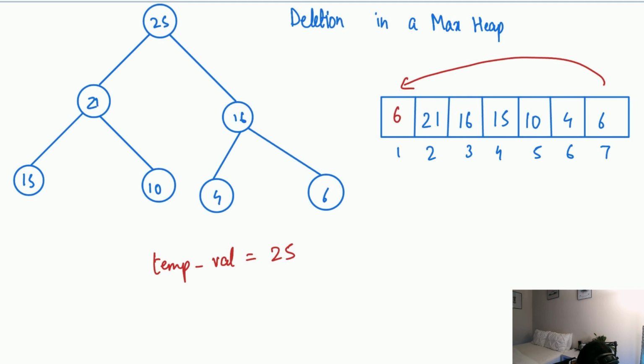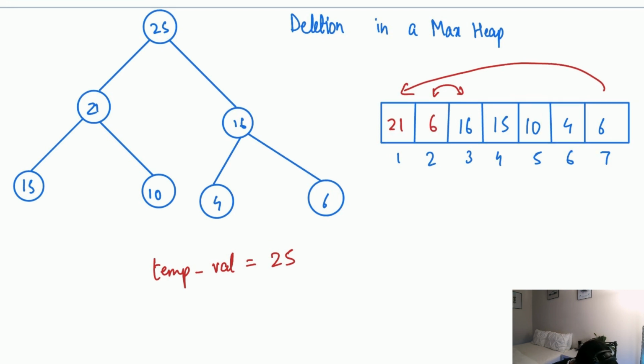Now the root element is taken over by the last element in the array, which is 6. Now 6 is compared with its children nodes, and whichever one's higher gets swapped with that position. 21 takes up the root node, and 6 gets swapped. Now we check if this position still contains children nodes, which is 2 into 2, 4.